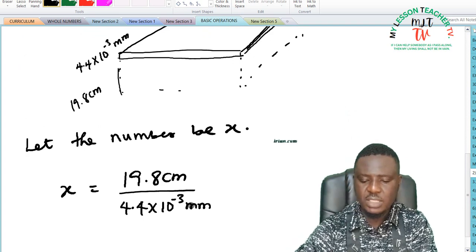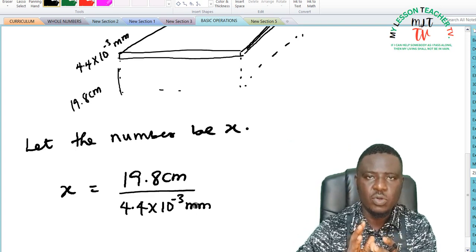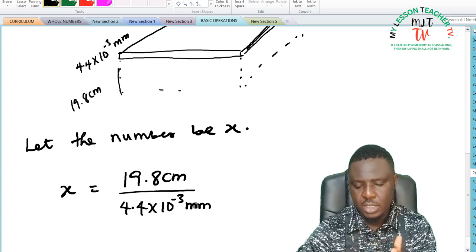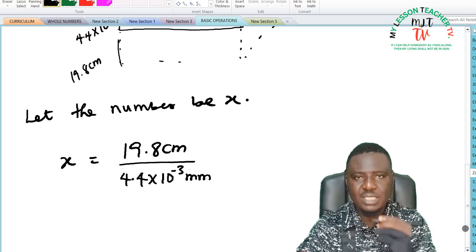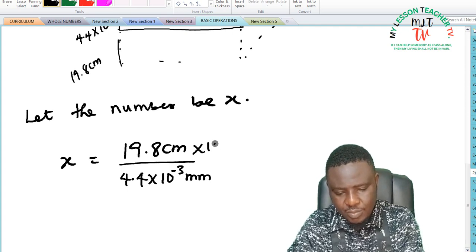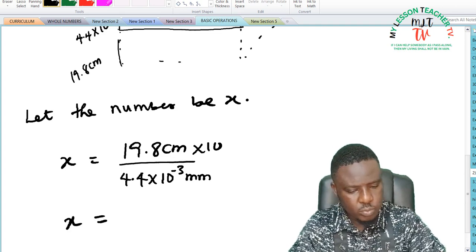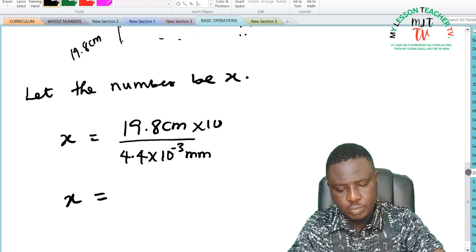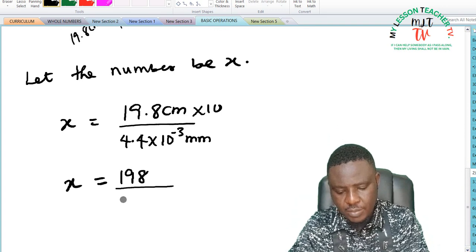So we are going to convert from centimeters to millimeters so that they will be of equal value, and then we'll divide. So how many millimeter make 1 centimeter? We have it at 10 millimeter make 1 centimeter. So I'm going to multiply this by 10 to convert it from centimeters to millimeters, so that x is equal to 198 divided by 44 times 10 raised to the power of minus 3 millimeters.